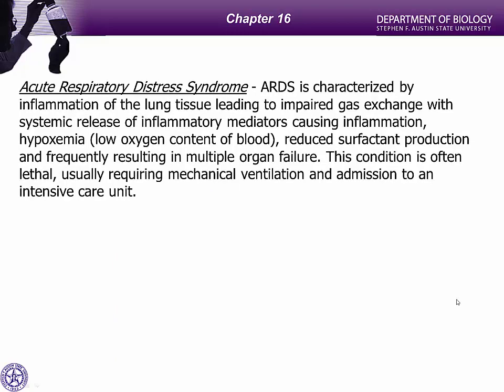Now, for adults, we talk about acute respiratory distress, and in many instances this is going to be a response to inflammation. A lot of viruses will cause this kind of inflammation and fluid building up in the lungs because of the vasodilators and increased vascular permeability. It's just a normal inflammatory response, but when it happens on a large scale in the lungs, this can be a fatal condition.